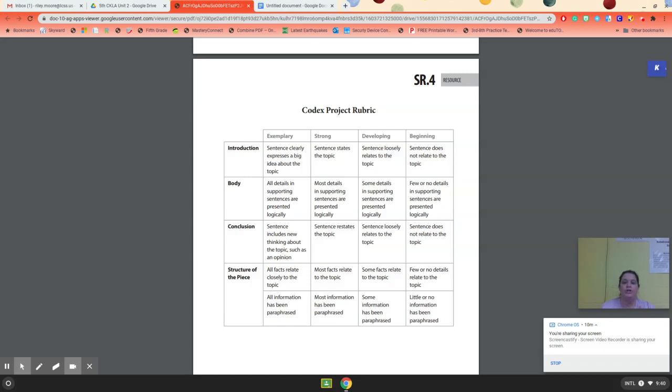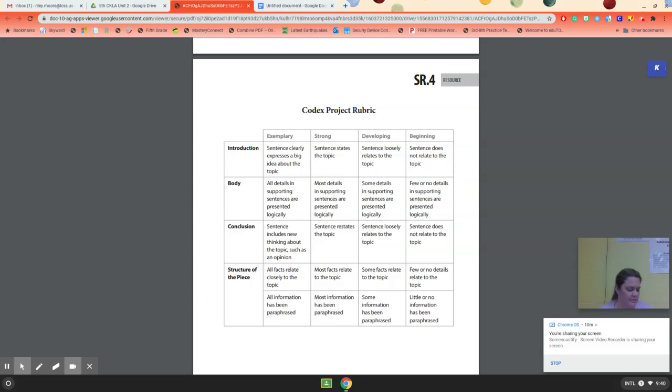Now, as far as structure goes, to be exemplary, all facts related closely to the topic. All your facts are related to your topic. If it's architecture, if it was social classes, or if it was, what was the other one? Oh my word. I have it.